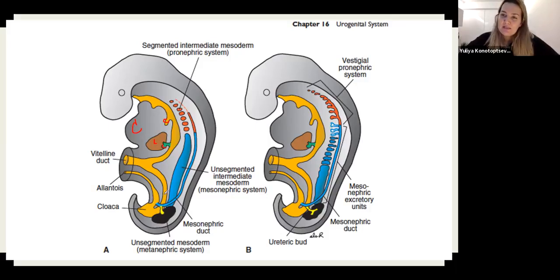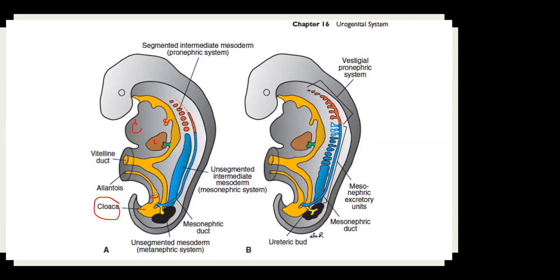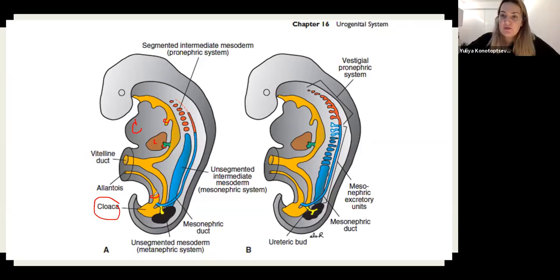You remember last class we talked about it, that here the last part of the hindgut, what happens to it? It dilates and becomes cloaca. Cloaca folds backwards and creates this structure. How do we call it? It's going to be the primitive urogenital sinus.